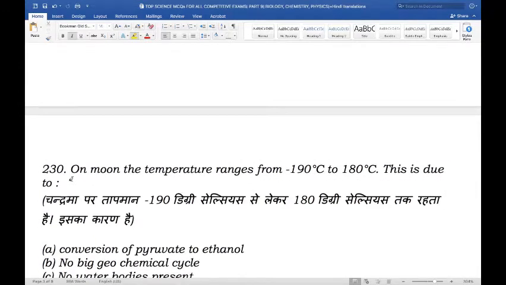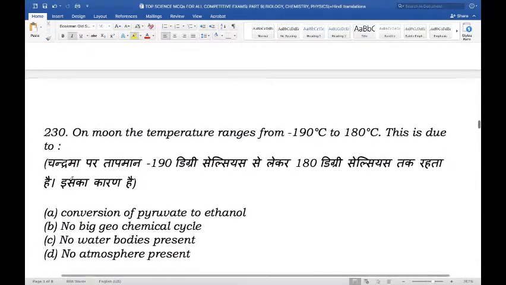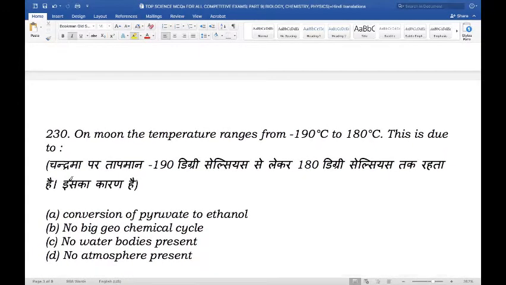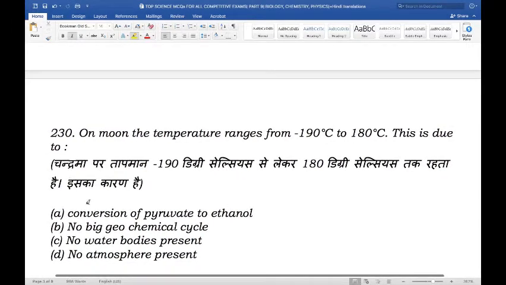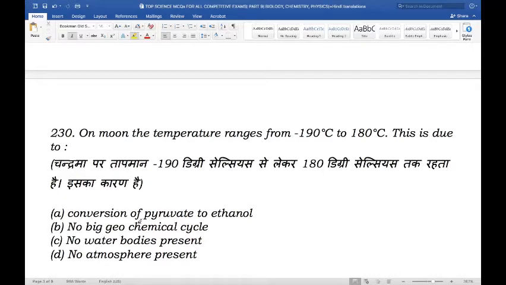Next question. On Moon, the temperature ranges from negative 190 degrees Celsius to 180 degrees Celsius. Is this due to conversion of pyruvate to ethanol, or due to the fact that there is no big geochemical cycle, or no water bodies present, or no atmosphere present?